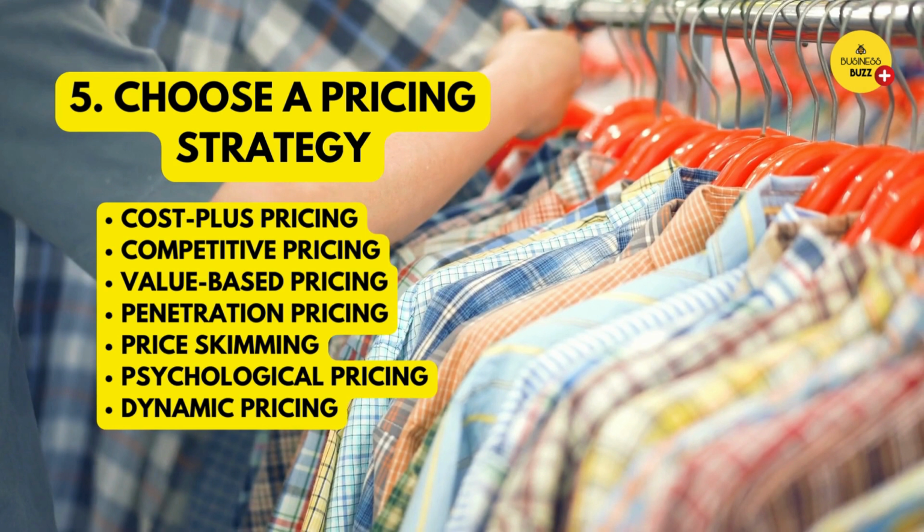The next one is called psychological pricing. Here you use a pricing technique such as charm pricing, that is ending prices with 9 or 99 or 999, etc. You can also choose bundle pricing, which is offering a set of products at a discounted price, or even you can choose prestige pricing, which means you are charging high and selling the product to your customers with the perception that they are viewing it as a premium segment product.